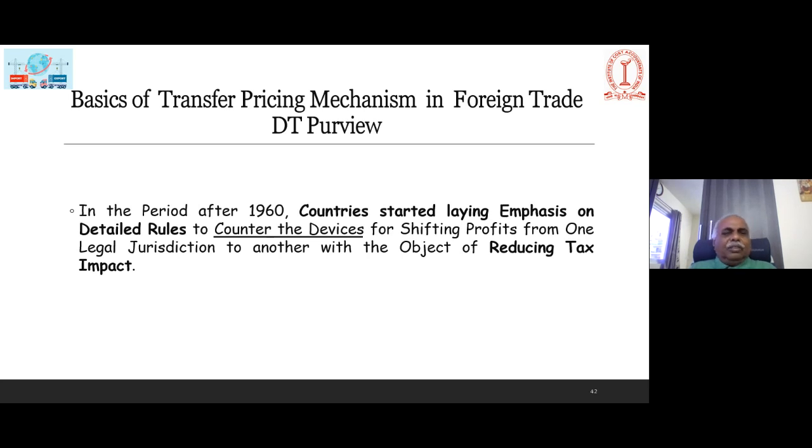After 1960, countries started this because the parent company is located here, they float another company elsewhere and transfer goods through the transfer price mechanism. They pay less tax in the other country, and the parent company's country is also not receiving substantial revenue on account of that company.